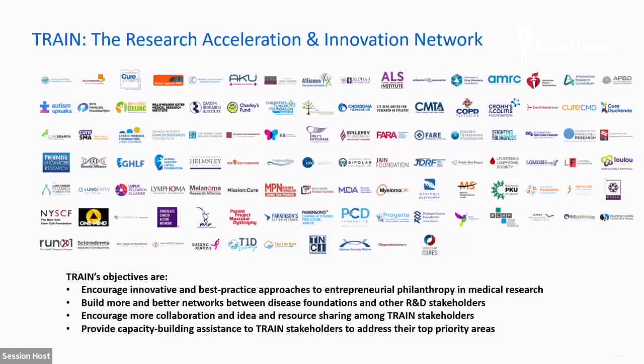We've had a long history of supporting patient organizations through actually 19 years now of running the TRAIN network, which is the Research Acceleration and Innovation Network, where we currently have 160 patient foundations that are engaged in advancing research. As part of TRAIN, we try to help those groups think about more strategic and entrepreneurial ways to advance research and deploy their funding.